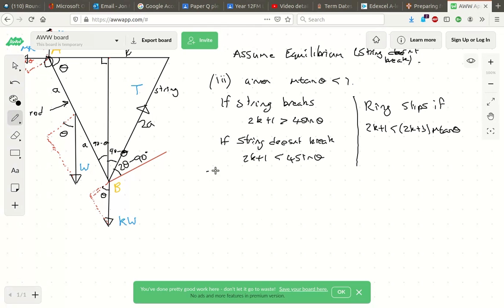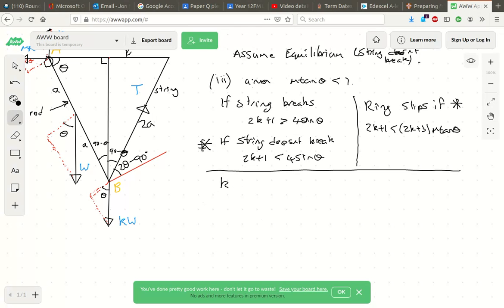And so in part 3, what do we want? We want the string not to break and the ring to slip. So we want those two inequalities to hold. Yeah, we don't want the string breaking, but we also want the ring slipping. So we want these two inequalities to hold. What I'm going to do is I'm just going to work out the conditions on k for both of these to be true.